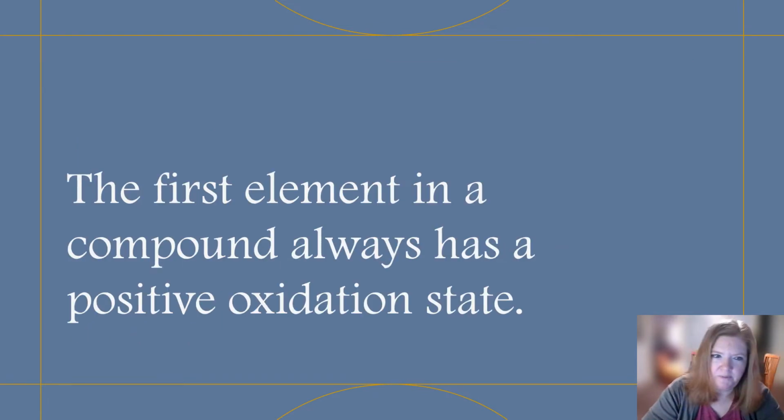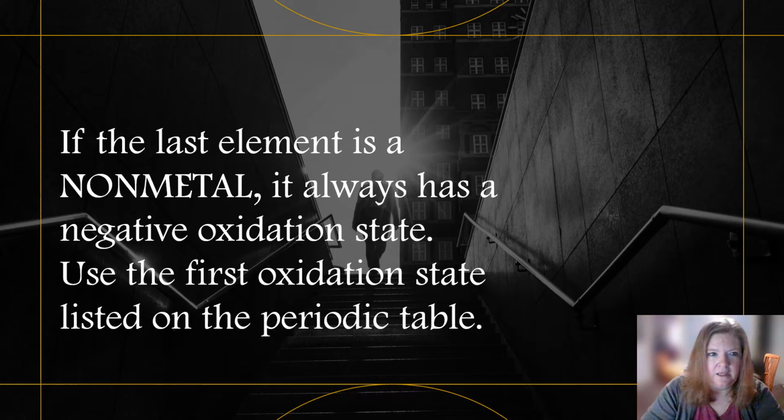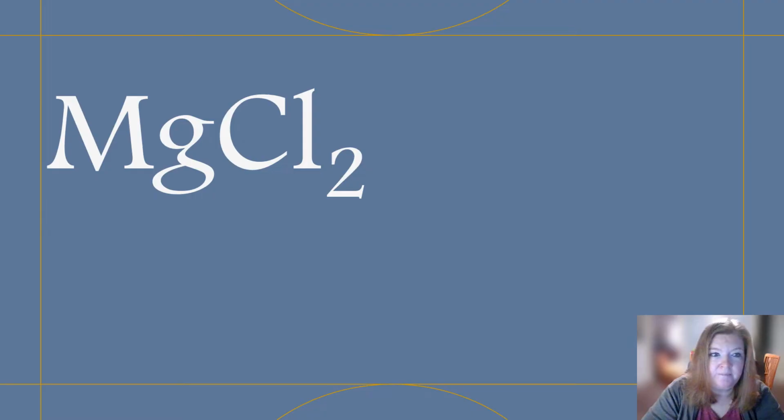Some things that might help you. The first element in a compound is always going to have a positive oxidation state. If the last element is a nonmetal, it's always going to have a negative oxidation state. So use the first oxidation state listed on the periodic table in that case. Let's look at an example with that. MgCl2. Well, I don't see any charges because it's a compound, so that means the charge of the whole thing is 0.